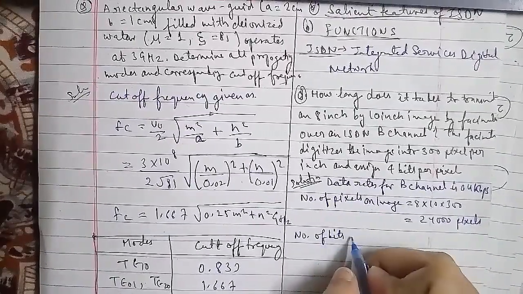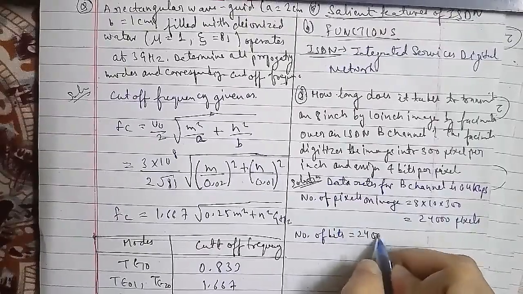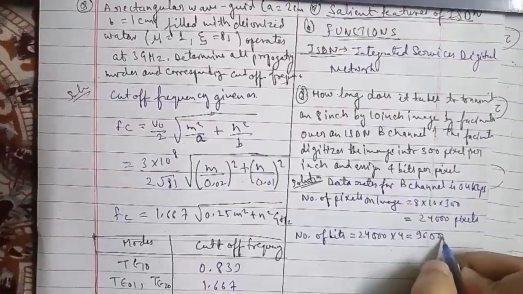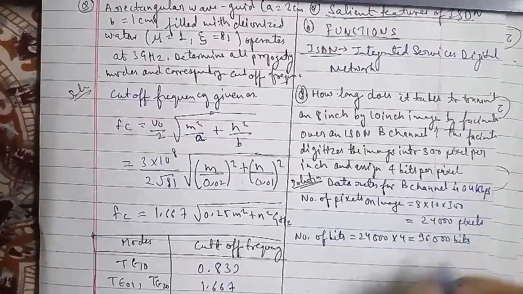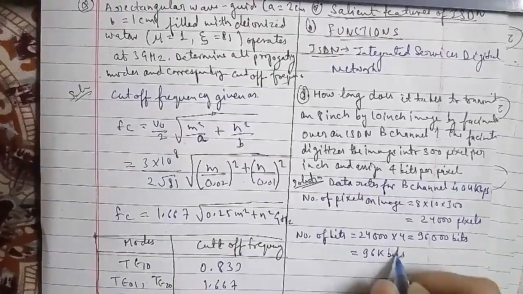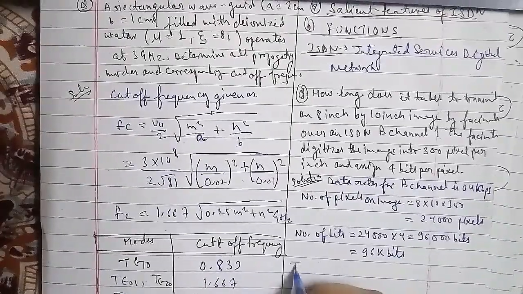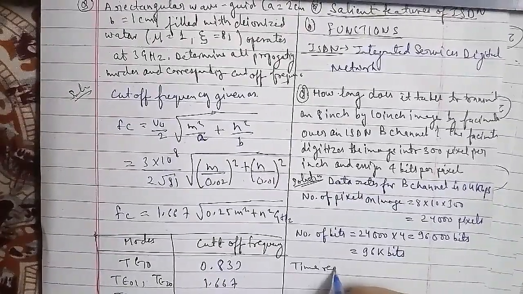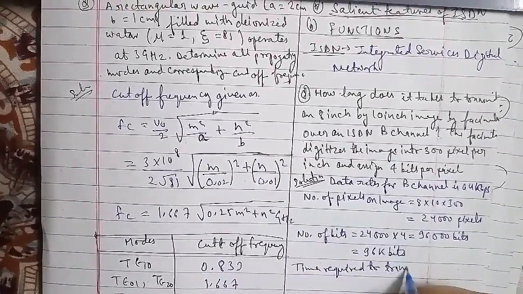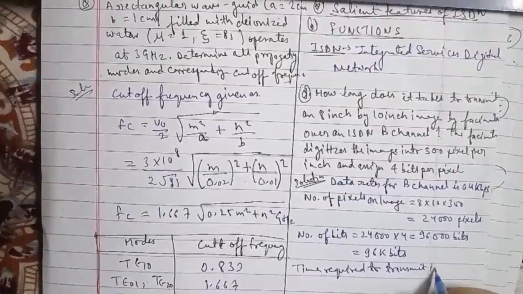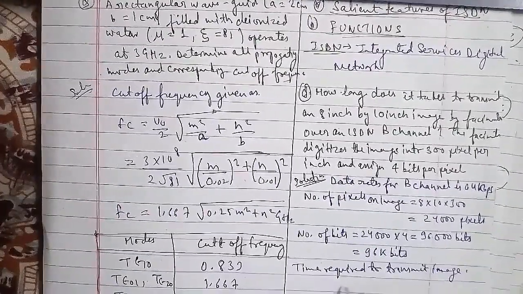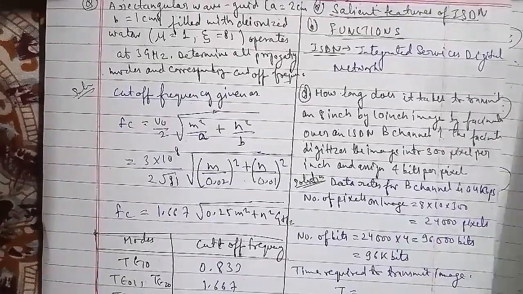The time required to transmit the image, that is we have t equals 96 kbits upon 64 kbps, and when we cancel it out we get 1.5 seconds.